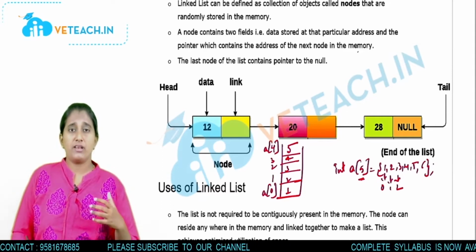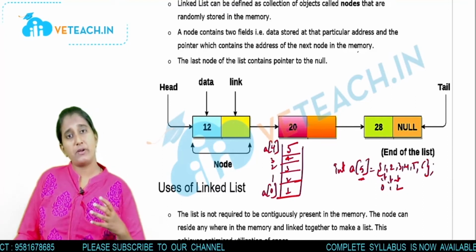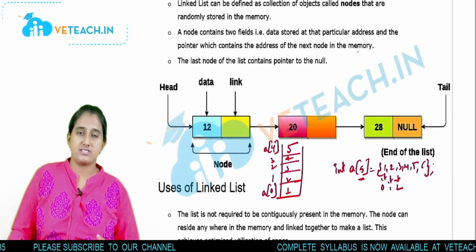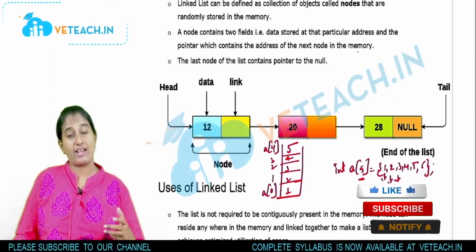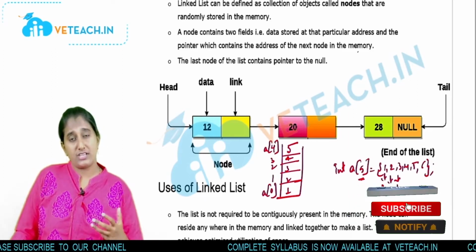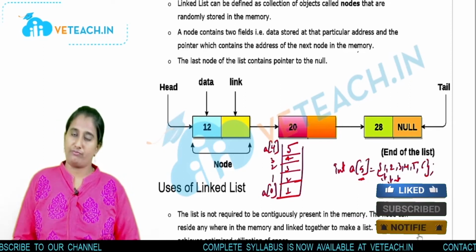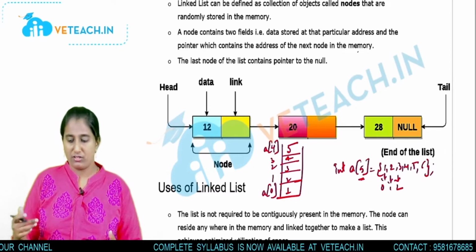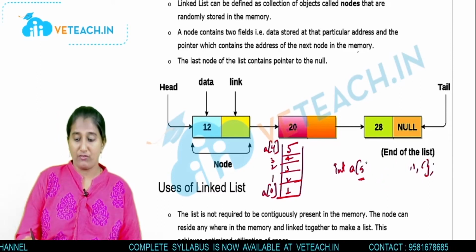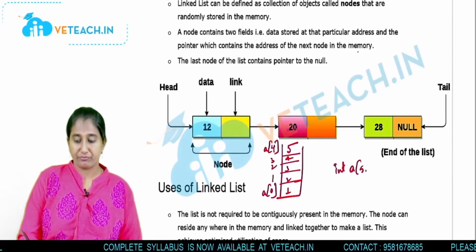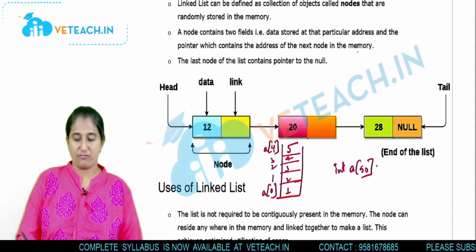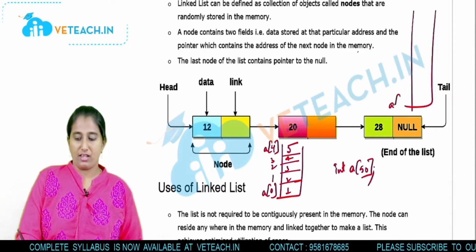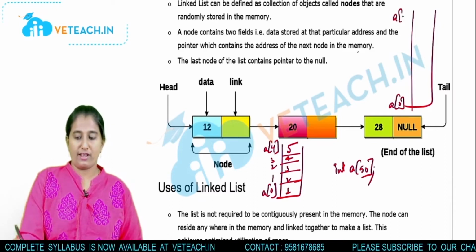For example, while implementing a program using an array, suppose you want to change the size during execution. Does that happen? No. When you don't know the size, what do we do? We go for maximum size allocation, for example A of 0 to 49.